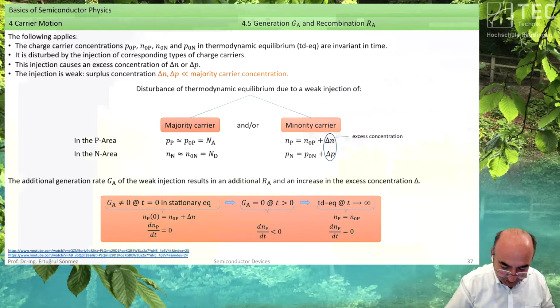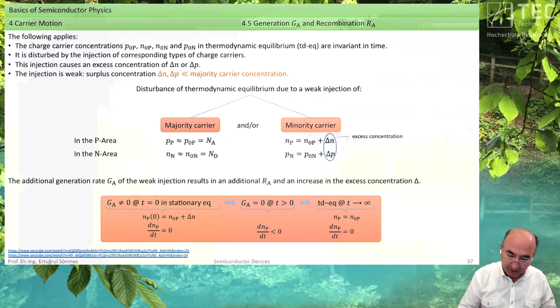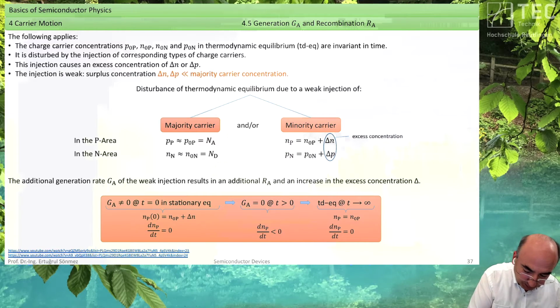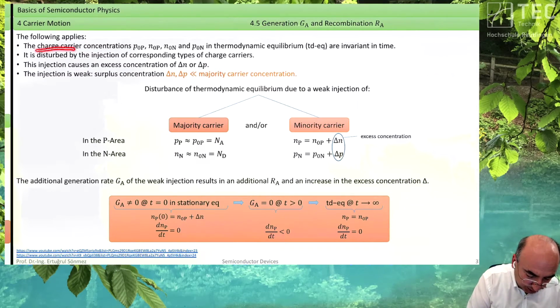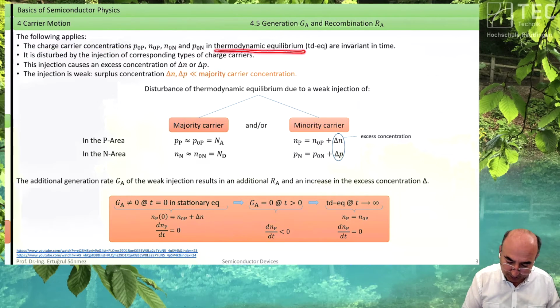Yeah. So here we are again in the carrier motion, and now we take the generation and recombination into account. Before we continue, we sum up what the boundary conditions of this slide are. We say that the charge carrier concentrations are in thermodynamic equilibrium invariant in time.